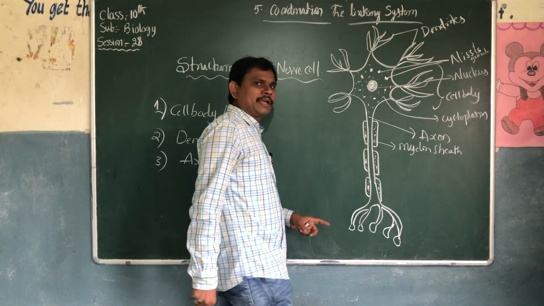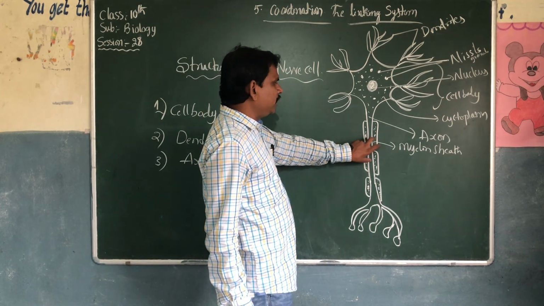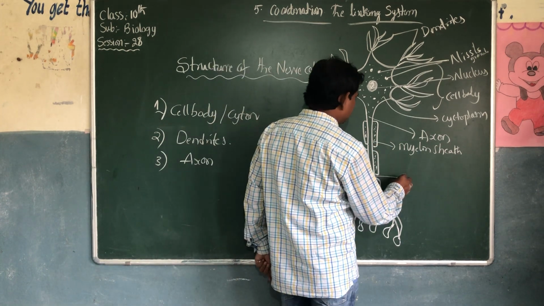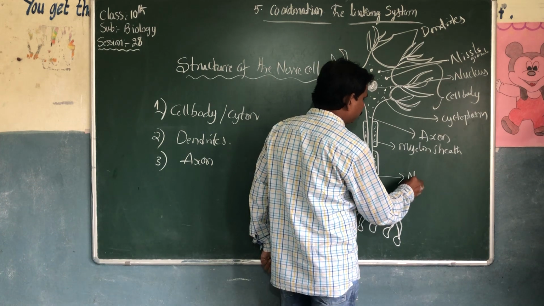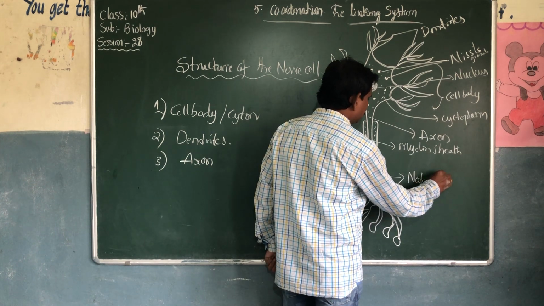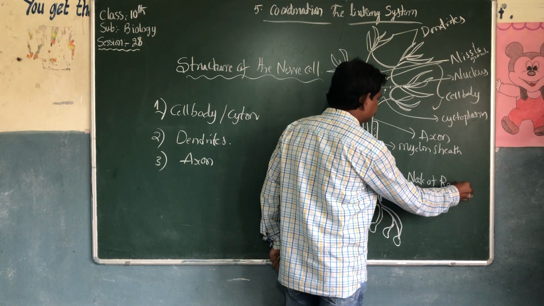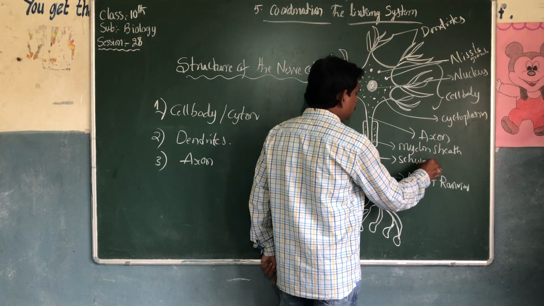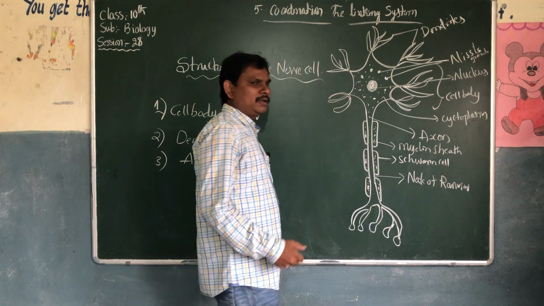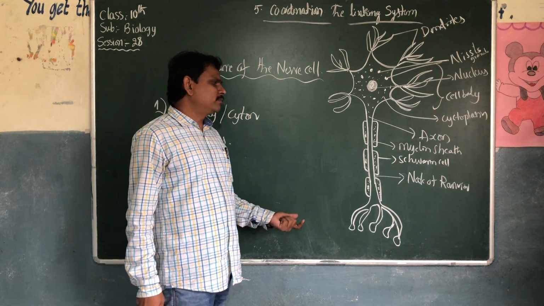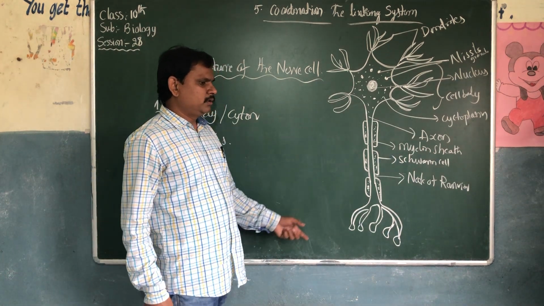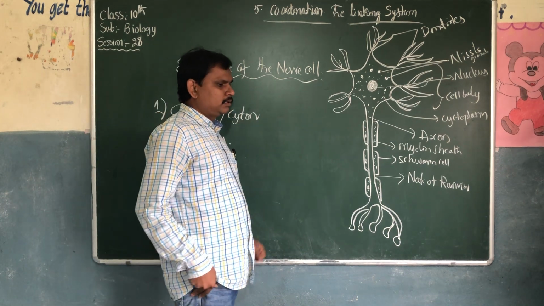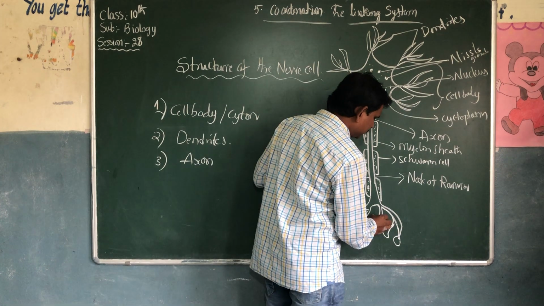There is a small gap between one myelinated sheath and another myelinated sheath. This gap is called the node of Ranvier. The axon ends with axon terminals.